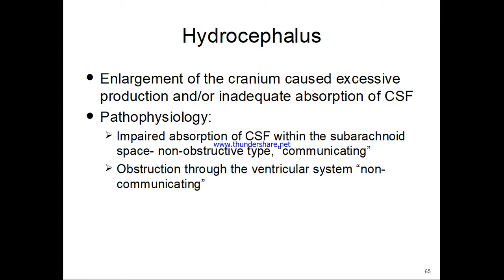And this is not related to an obstruction. So it is free-flowing. It's just not being absorbed adequately for some reason. The obstructive kind, where there's an obstruction somewhere through the ventricular system, is non-communicating, meaning it can't get through.